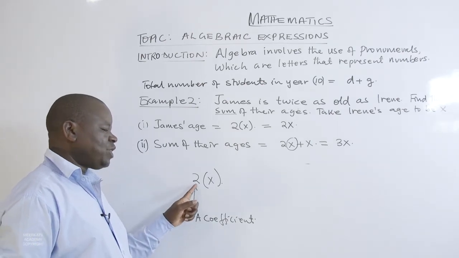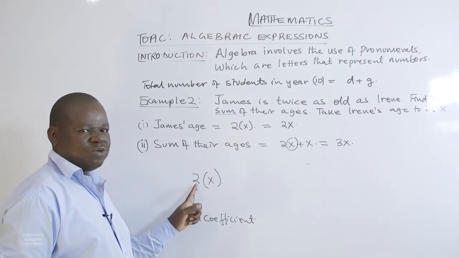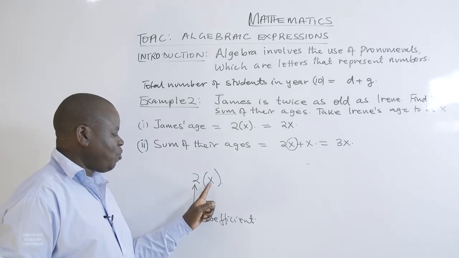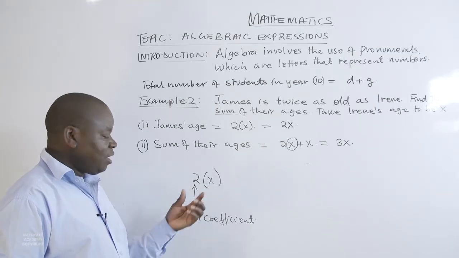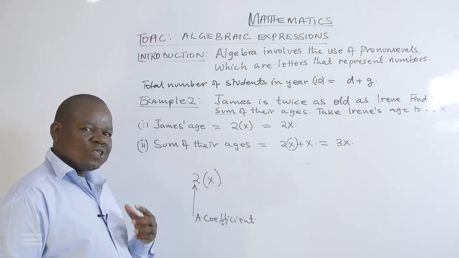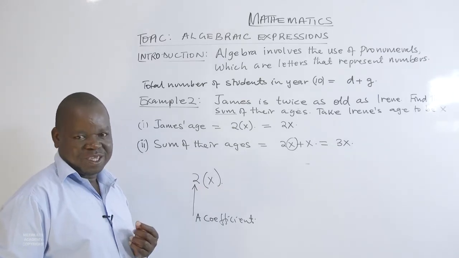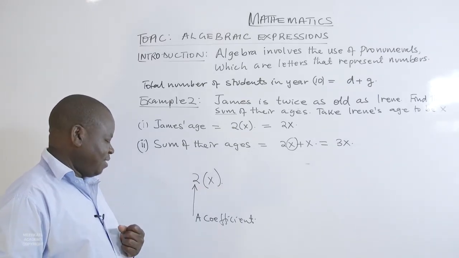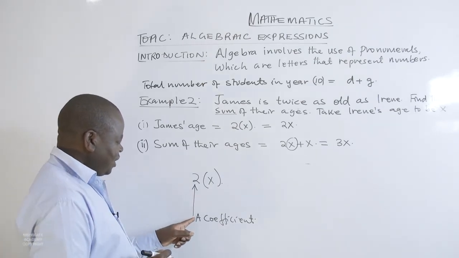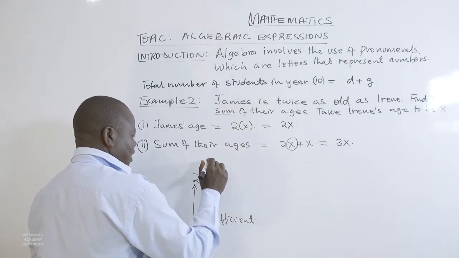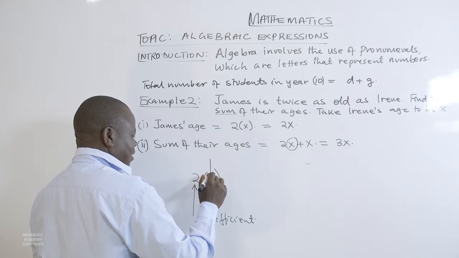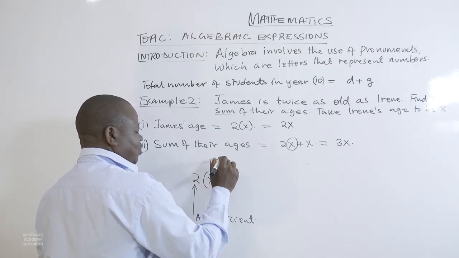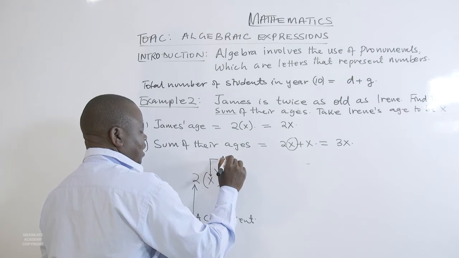That is the mathematical definition of that 2 when it is attached to a pronumeral like this. Then this pronumeral here also has a special name in algebra. While this is a coefficient, this pronumeral here is known as a variable.